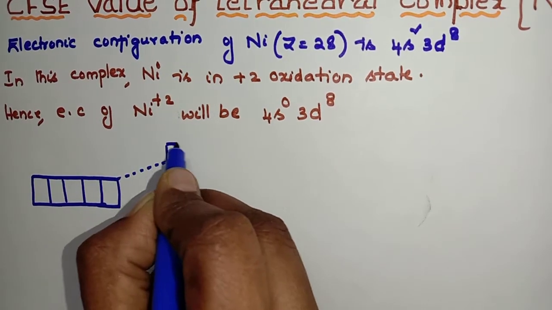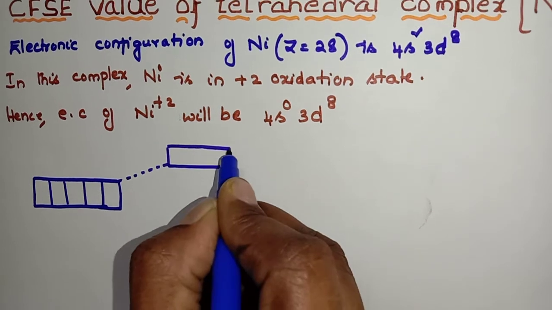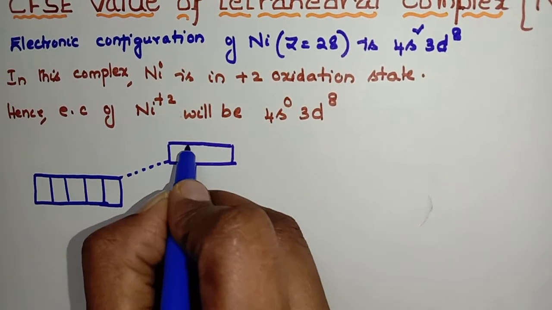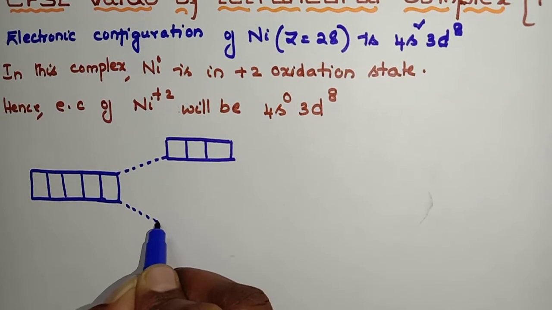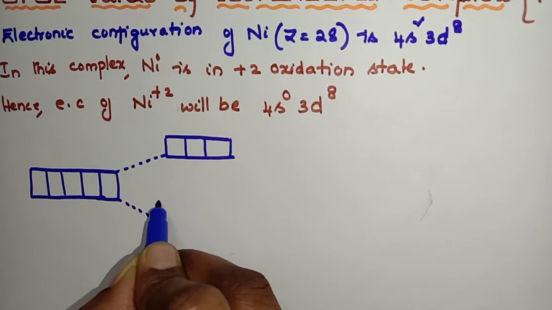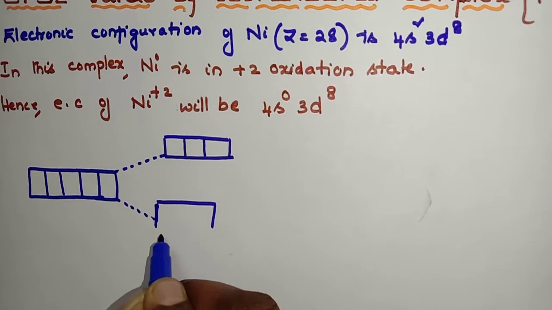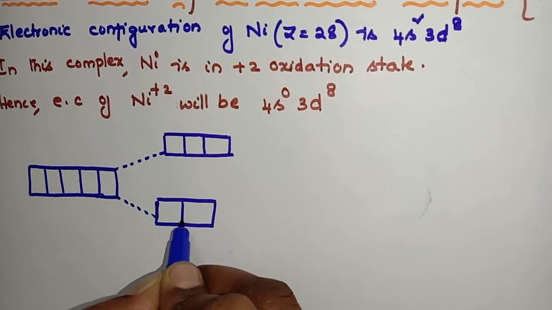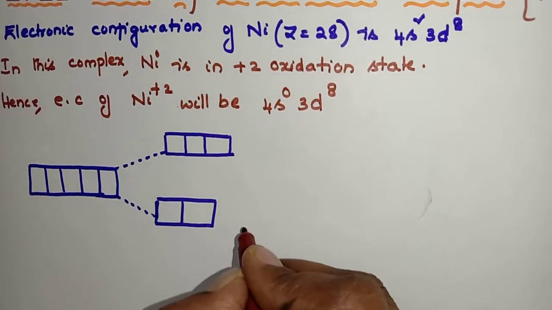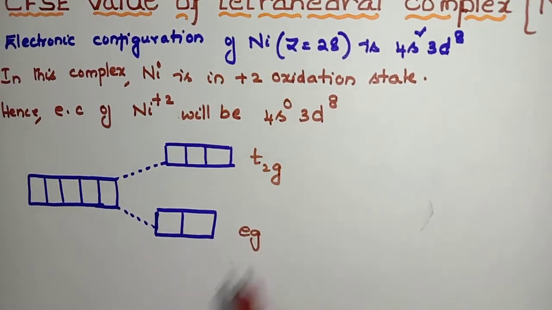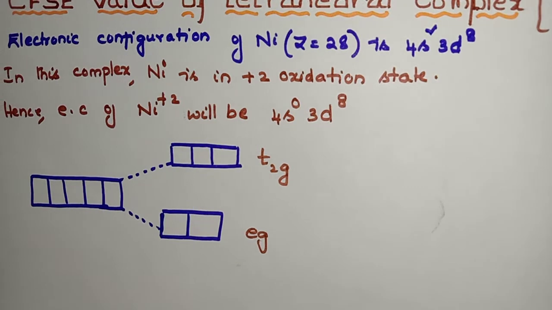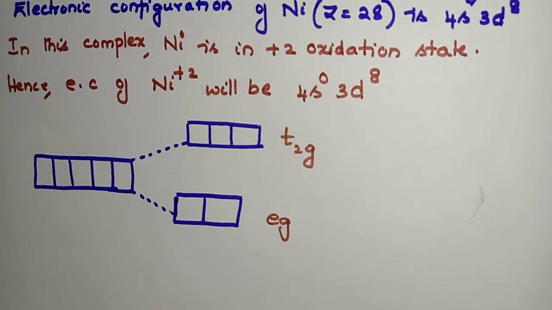So here we will have T2g and here we have Eg orbitals. Write down this as Eg and this as T2g.